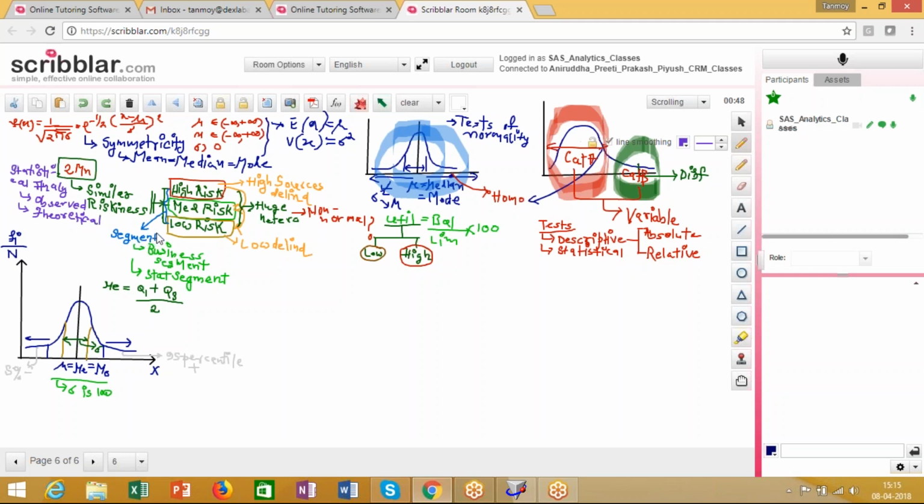So these are the two things that we are looking forward to.